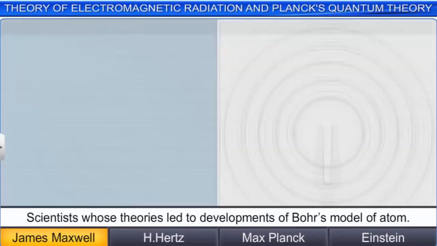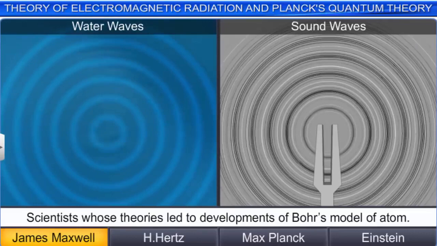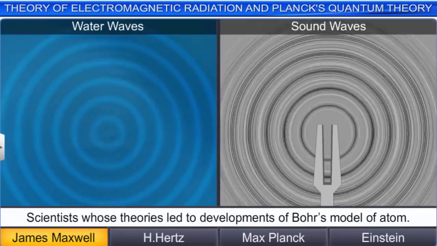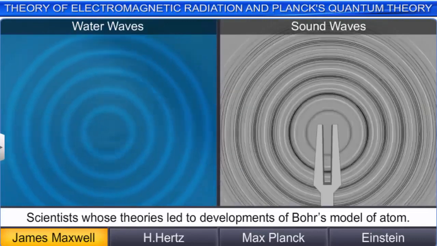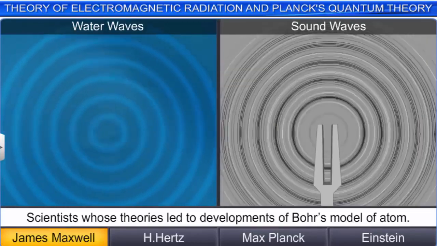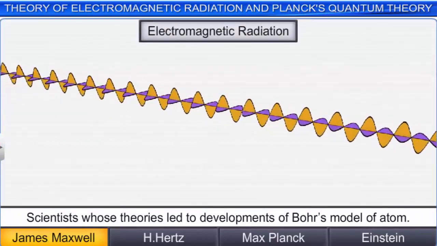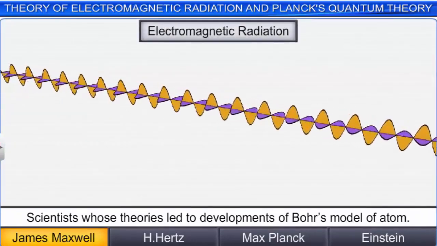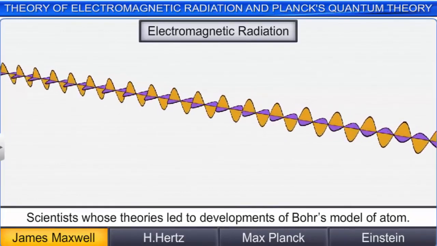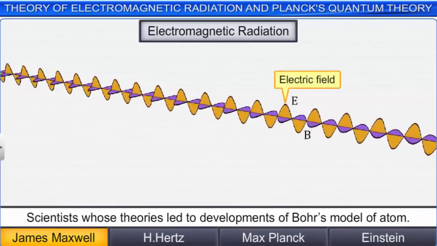Let's now understand the general characteristics of waves. An object produces a series of waves when it vibrates continuously. However, the vibratory motion of charged particles, like electrons, produces a wave train of oscillating electrical field and magnetic field.